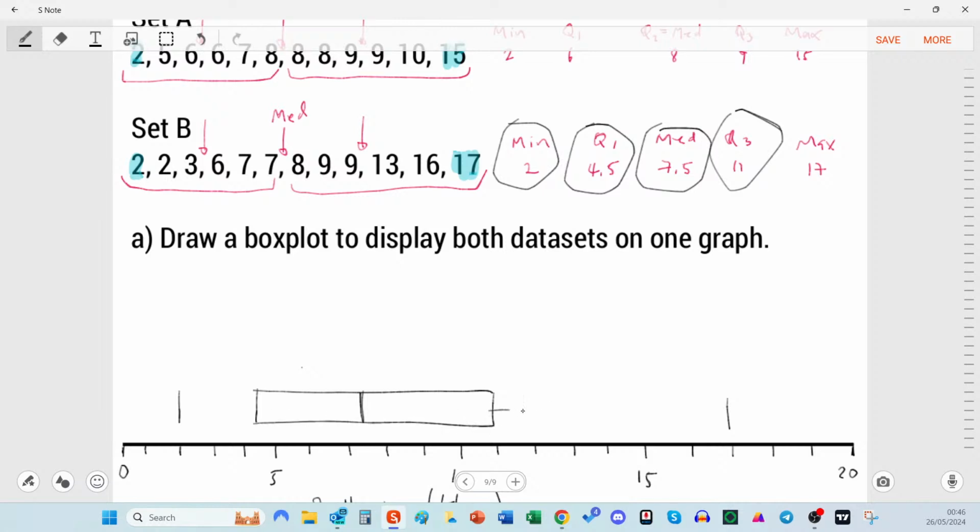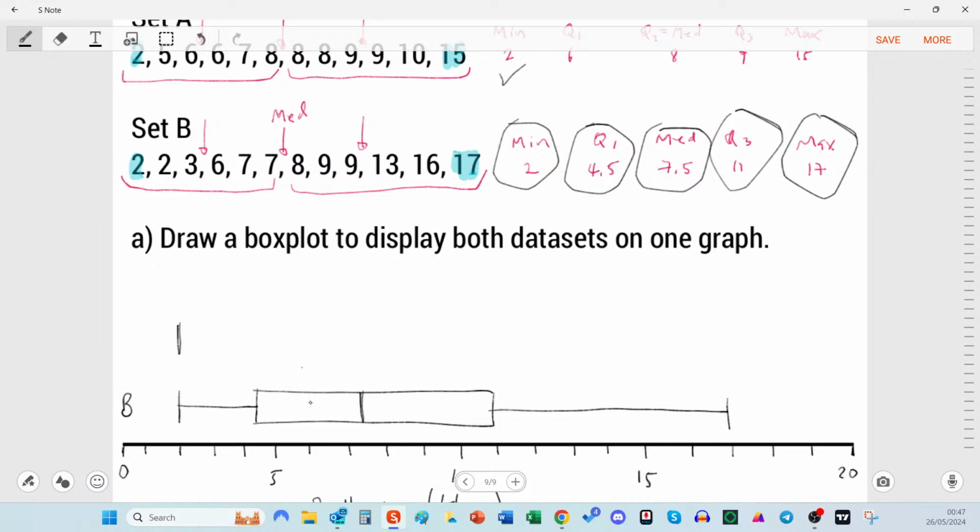Sometimes they can be pretty chunky. Do this with a ruler, it looks so much better. And lastly, the other one. We'll label this B. So A is going to go above. So that's minimum.